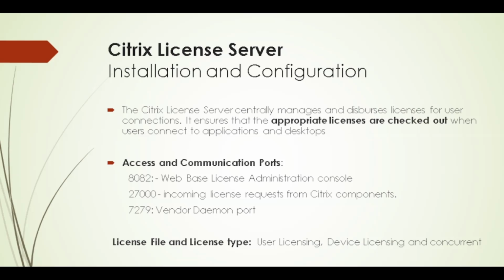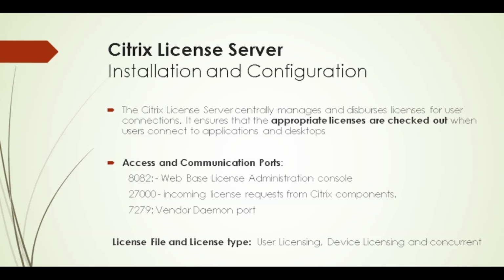So when providing the host name, we need to provide the exact host name. And once we provide the host name, we get the license file from Citrix. That file we need to upload on the portal, and then we can upload it on the Citrix license server, and then we can use it.